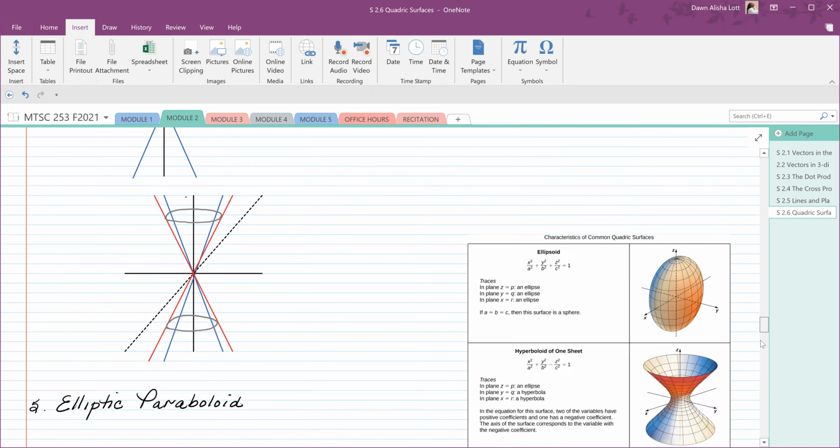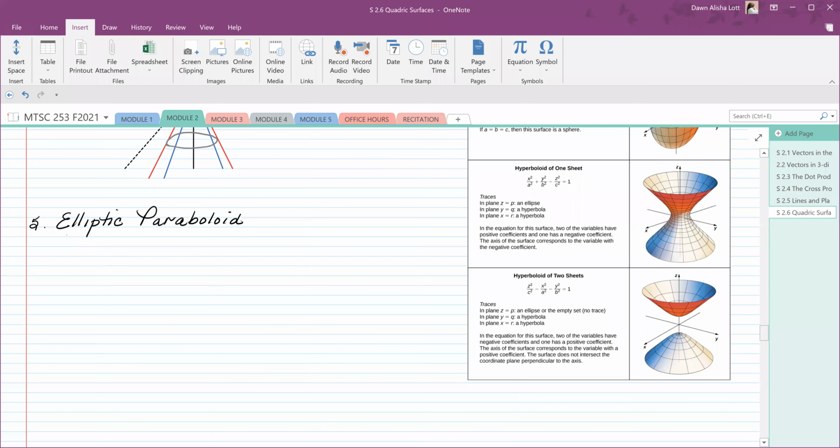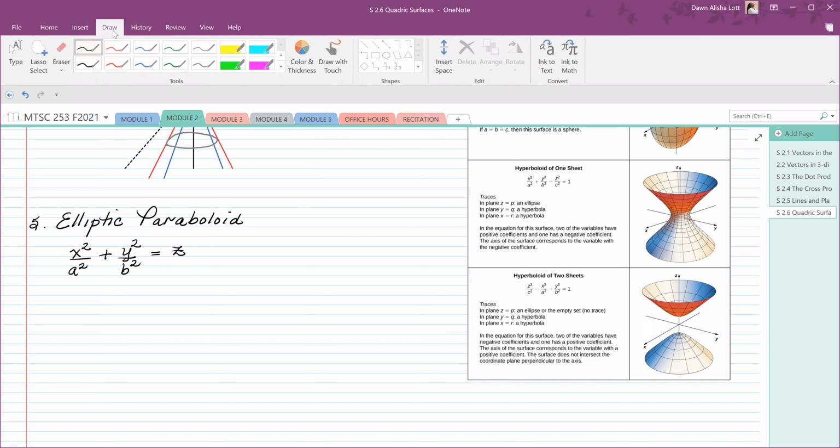You can see that because it looks like x squared over a squared plus y squared over b squared is equal to z. So in the xz plane, it is an ellipse.